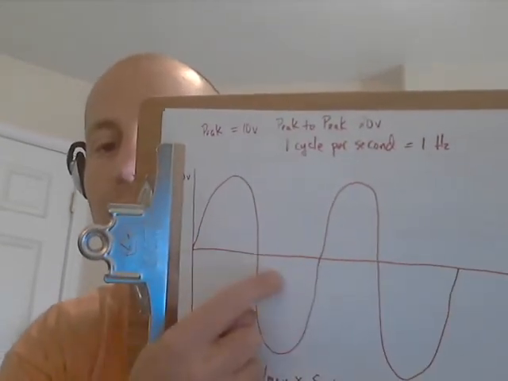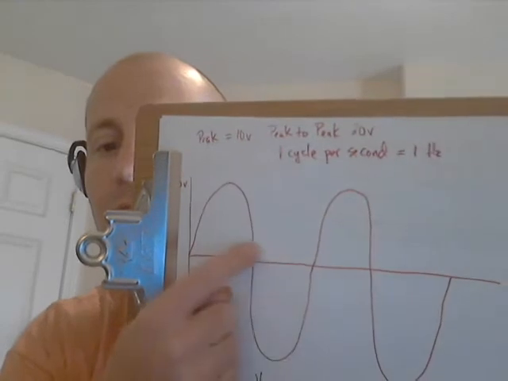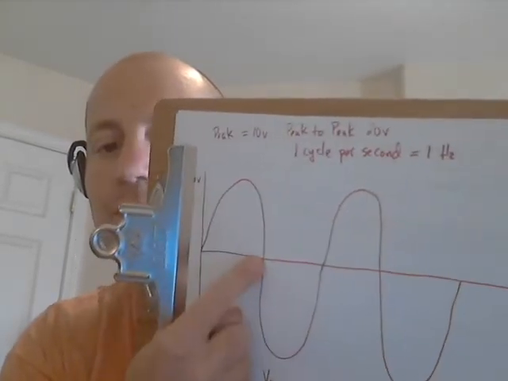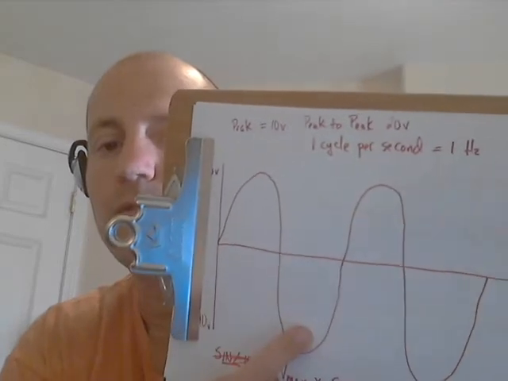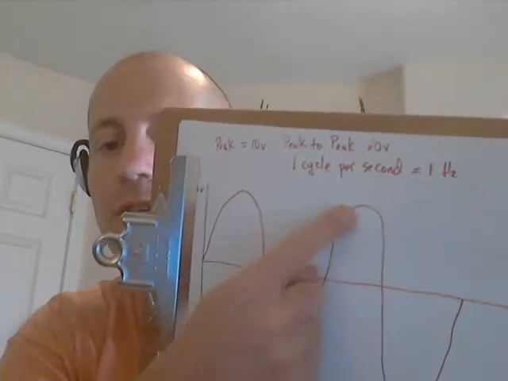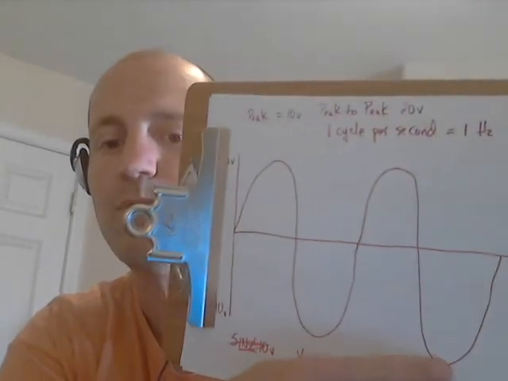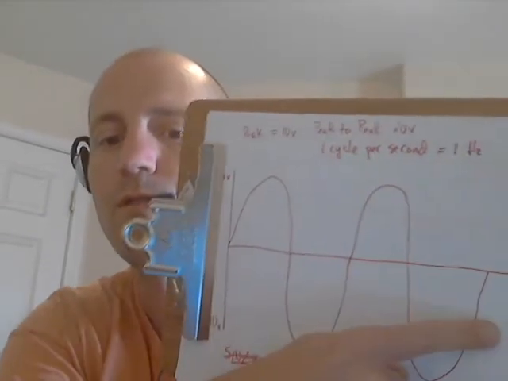It would generate a waveform that looks something like this, where I have a peak positive, down to 0, peak negative voltage, back to 0, another peak positive, back to 0, another negative peak voltage, back to 0.